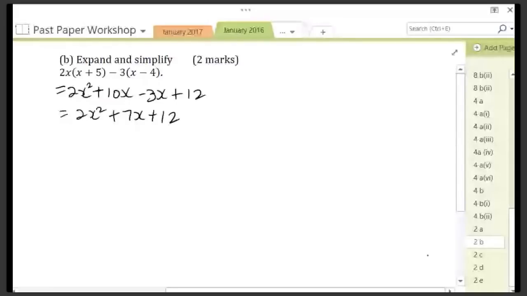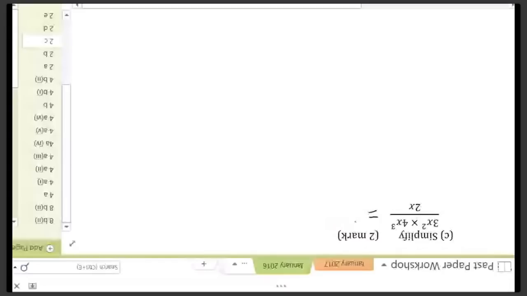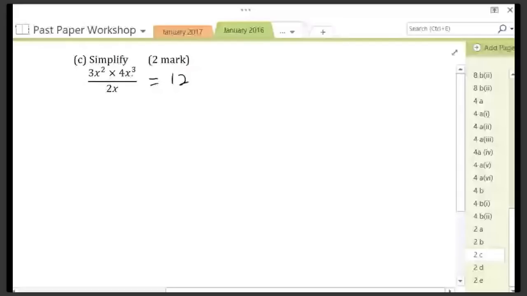All right, laws of indices. They ask you to simplify this. So you're multiplying the coefficients: 3 multiplied by 4 here is 12. And because these bases are the same, x, when you're multiplying and the bases are the same, we add the powers. So 2 plus 3 is 5. And this is over 2x.